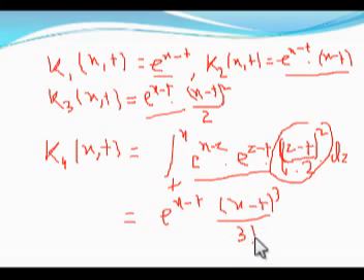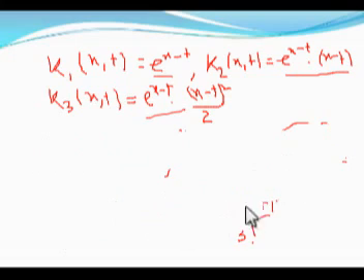So in this way, if we continue, we will get x minus t whole cube, and 3 into 2 means 3 factorial. So if we calculate the nth term, this is the fourth. If we calculate the nth successive kernel, what will we get?